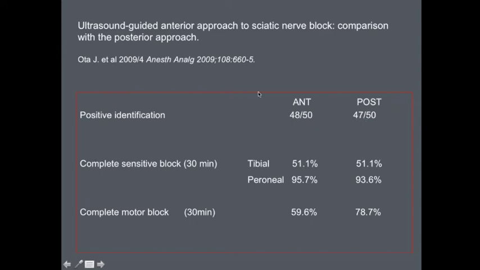And what they found is that there is no difference. The complete sensory block in 30 minutes, as well as the complete motor block in 30 minutes, are not significantly different. Then you are free to perform whichever one you are more used to, but there is no advantage of one technique over the other.